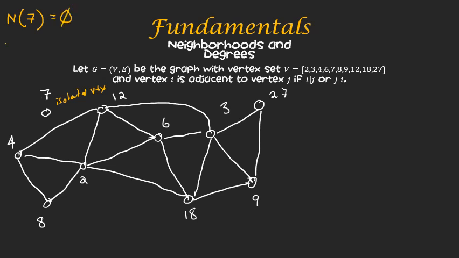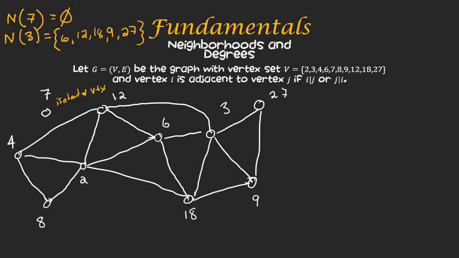What other neighborhoods can we pick out, right? There's a neighborhood for every single vertex in this graph. The neighborhood of 3 is, so what are all the vertices 3 is adjacent to? Well, 3 is adjacent to 6, and 12, and 18, and 9, and 27. And so that's the neighborhood of 3, all those vertices that it's adjacent to.